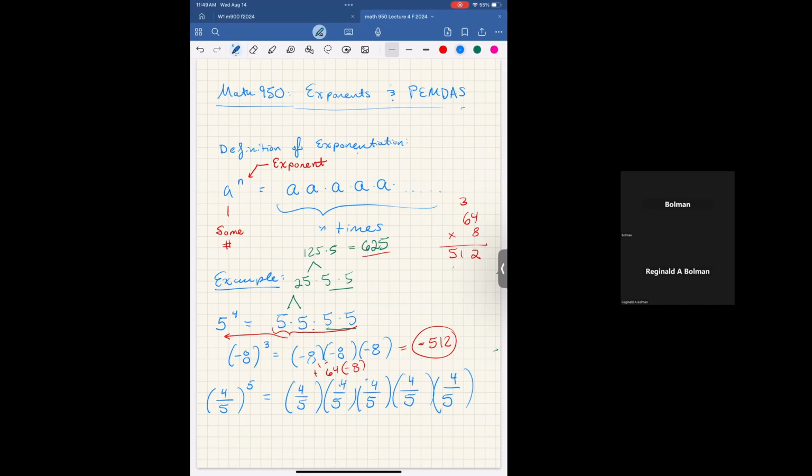More tricky yet, you could have, say, a fraction such as 4/5, raise it to an exponent such as 5. And that means that you're going to have to multiply the fraction, the whole fraction, with itself that many times. Now, what's confusing about, say, exponentiating a negative number or exponentiating a fraction is that psychologically, at the lower level classes, we're used to looking at a negative number and thinking, look, that negative sign is a subtraction symbol.